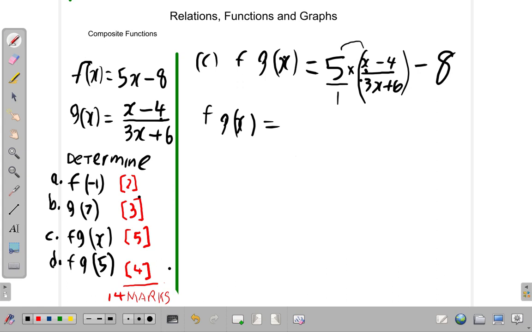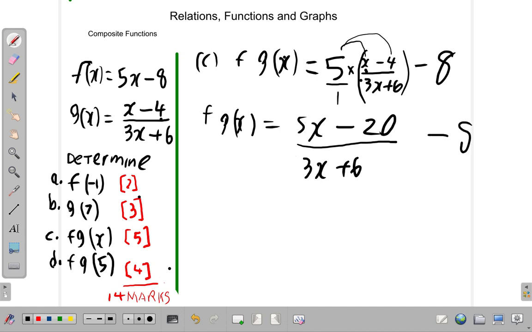It's going to be 5 by x and 5 by negative 4. 5 by x is 5x minus 5 by 4 is 20. We already have the negative here. All divided by 1 times all of this. It's going to be 3x plus 6. And then all of this minus 8.